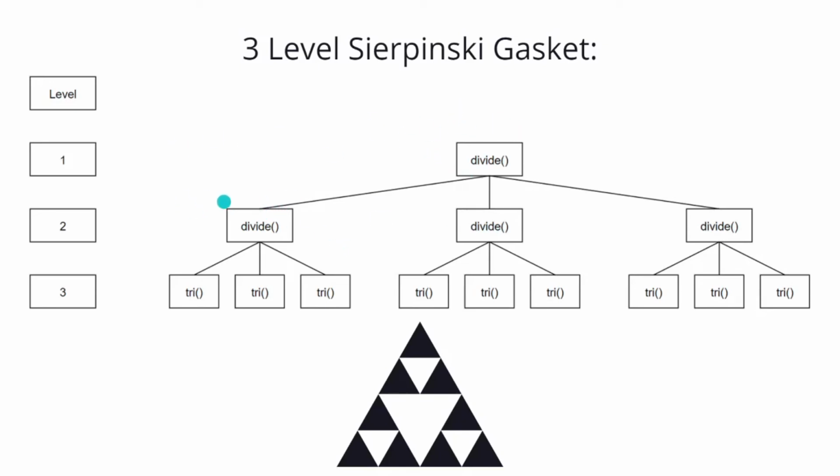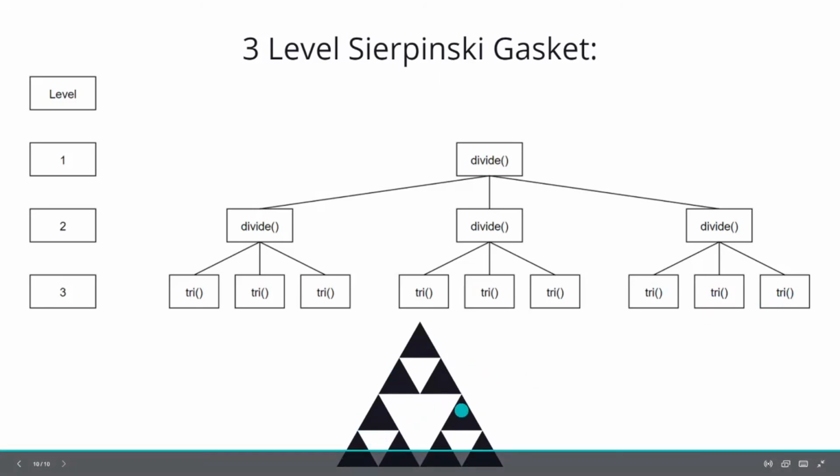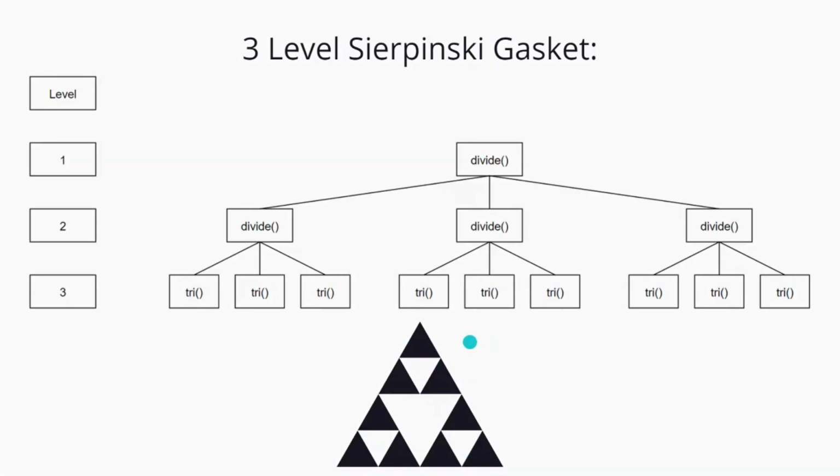When it reaches level 2, it will divide it into 3 more triangles, and once it reaches level 3, that's when it starts to draw the actual triangles. And this is what the 3-level Sierpinski gasket will look like.